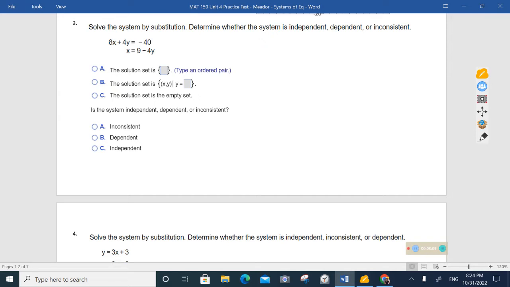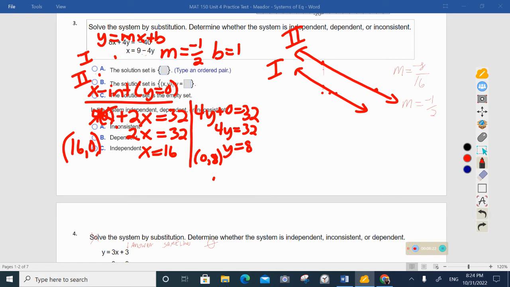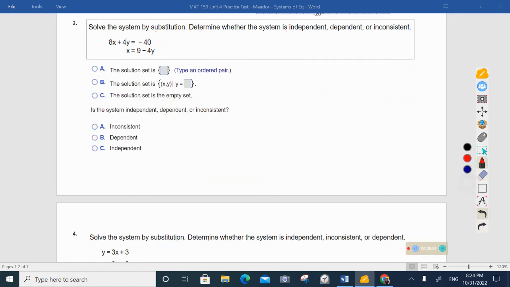So it wants you to solve by substitution, which is nice because you'll notice equation 1 up here. Let's undo that. Whoa. I love technology. Sarcasm.